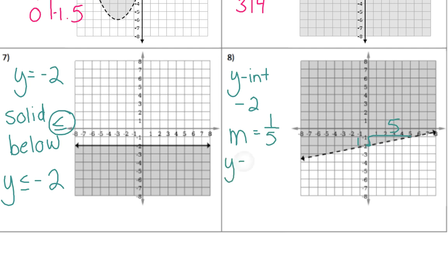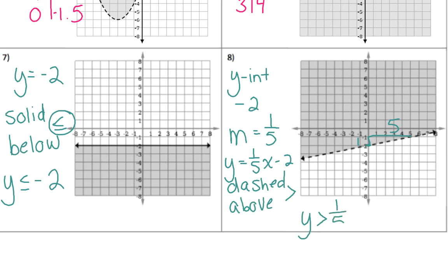So my equation would be y equals 1/5 x minus 2. And then I check for my other two parts. I can see that it is a dashed line and it is shaded above. So that means that I am using the greater than symbol. So my final inequality is y is greater than 1/5 x minus 2.